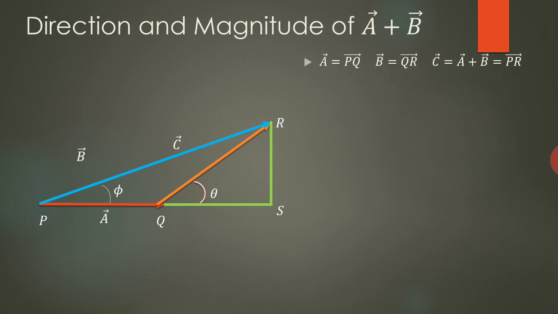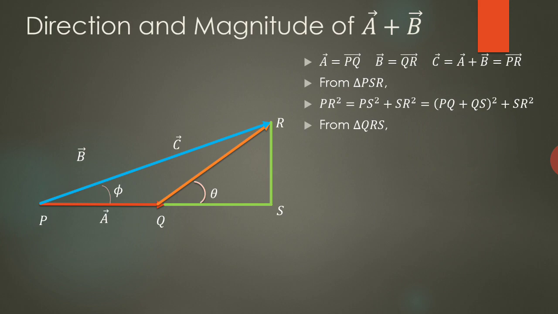So now the vector A is given by the directed line segment PQ, and B is given by the directed line segment QR, and the sum of these two vectors A and B is given by the line segment PR. Now from the triangle PSR, this is a right angle triangle, I can apply Pythagoras theorem, and from that the square of the diagonal is equal to the sum of the squares of the sides.